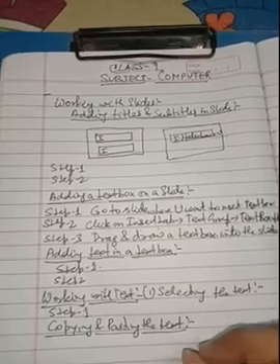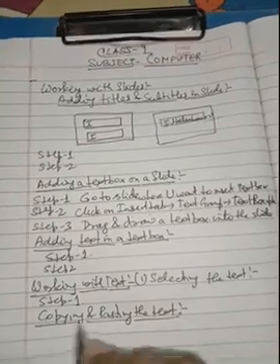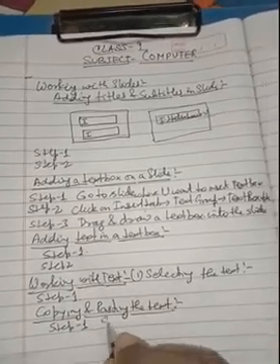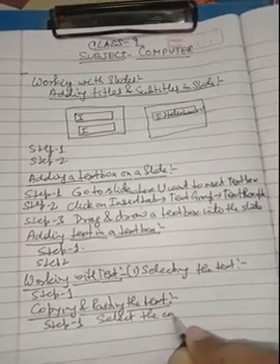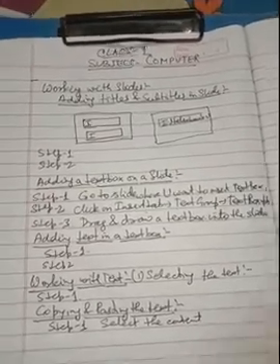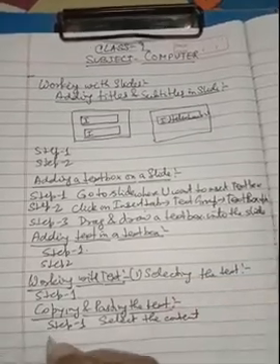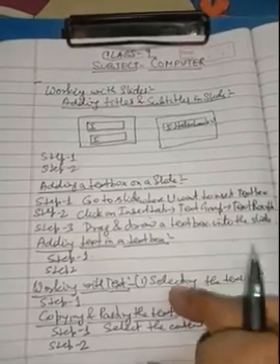Before applying the cut or copy options, first of all the step you have to perform is step 1, select the content that you want to cut or copy. Next, step 2, you can use the cut option.